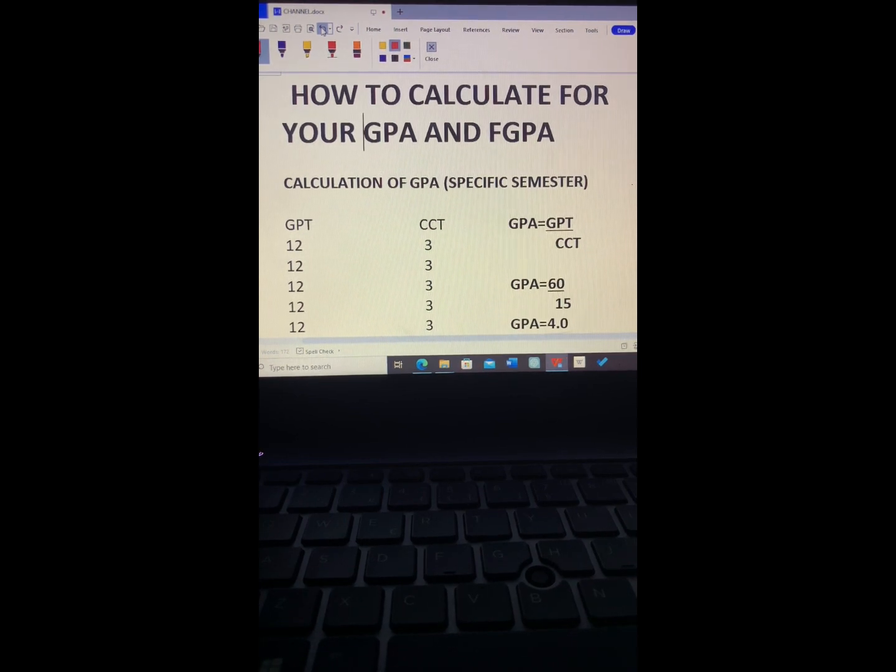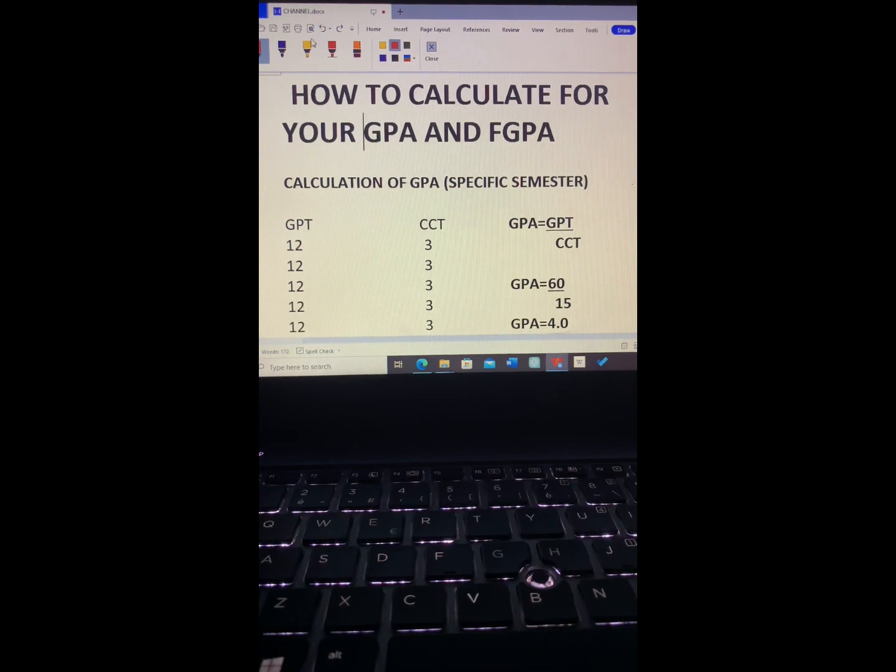To calculate your GPA, you're going to need your GPT, which is your grade points, and your CCT, which is your cumulative courses taken.